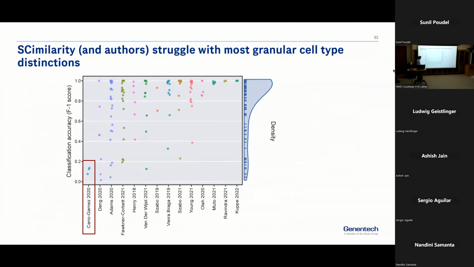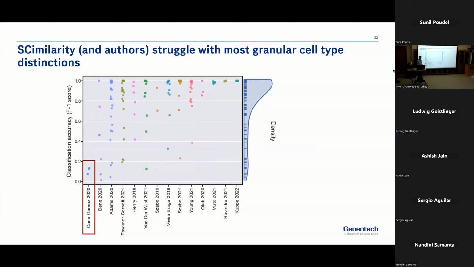This is a data set of CD4 T cells broken out into naive, memory, and these really granular subsets that clearly we have a hard time doing. I would actually maybe argue the authors also have a hard time distinguishing these. But in general, these are hard distinctions to make. And so maybe they're doing better than we are, but no one's really doing great here.